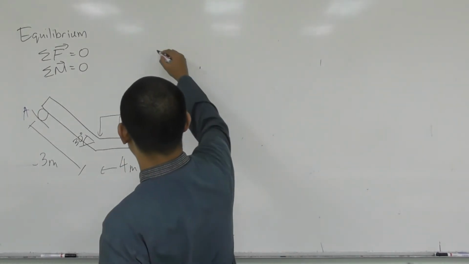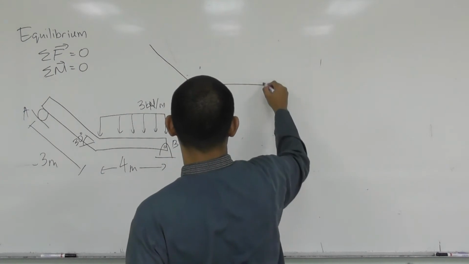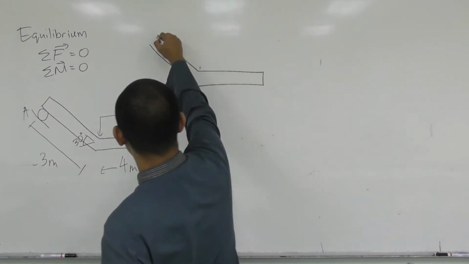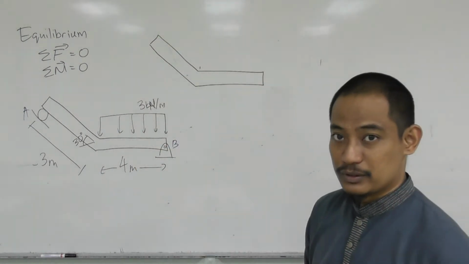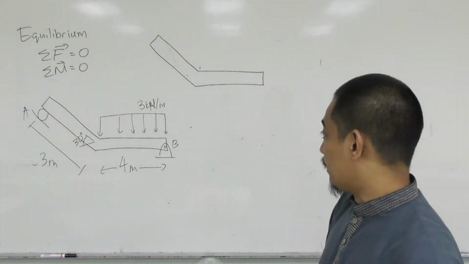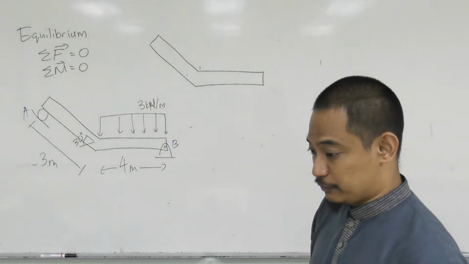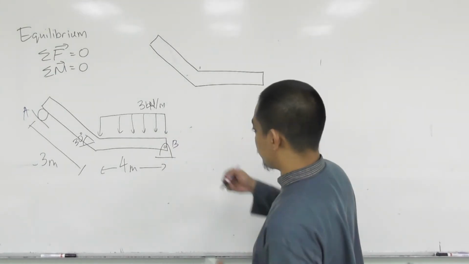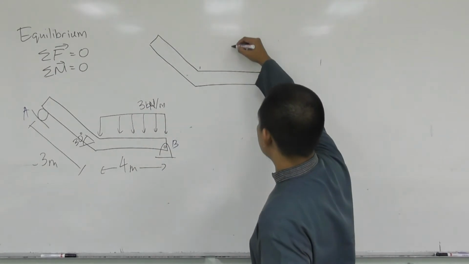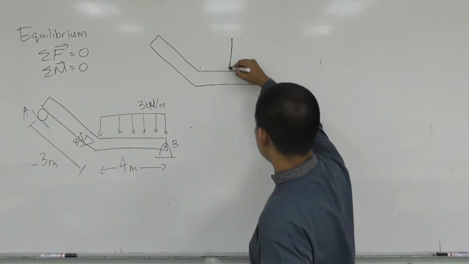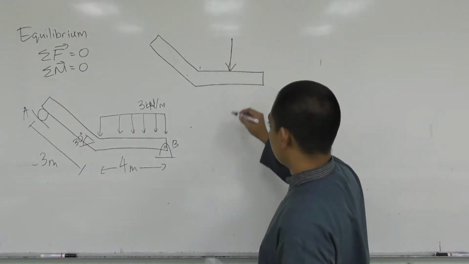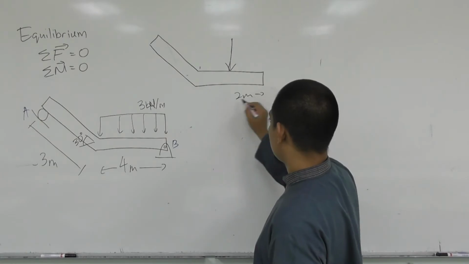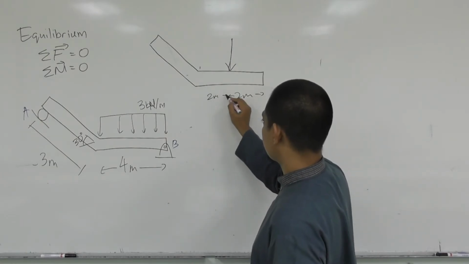So basically if you draw the free body diagram, you just draw the outline of the shape there. So it's something like that. And of course if you focus first on the distributed loading, the force will be at the middle, so it will be something like this. At the middle, meaning 2 meter, 2 meter.